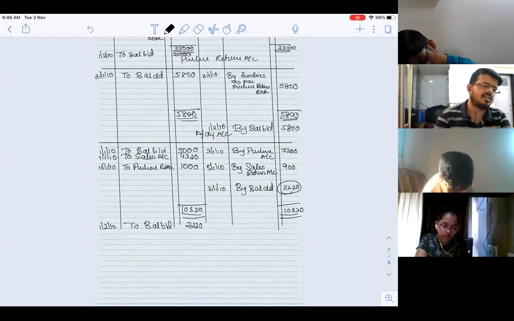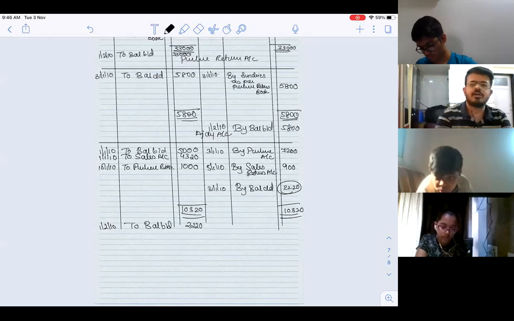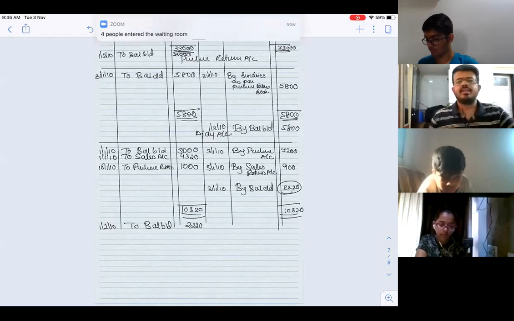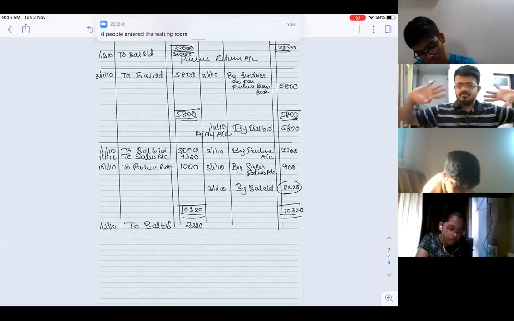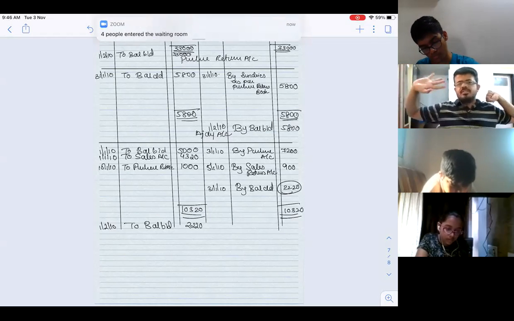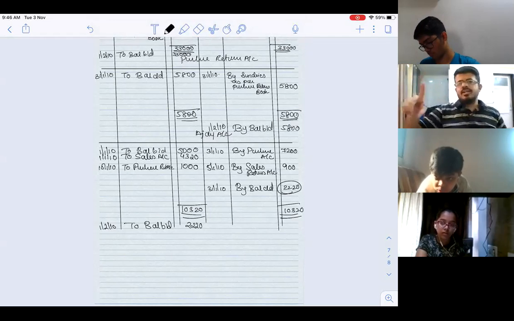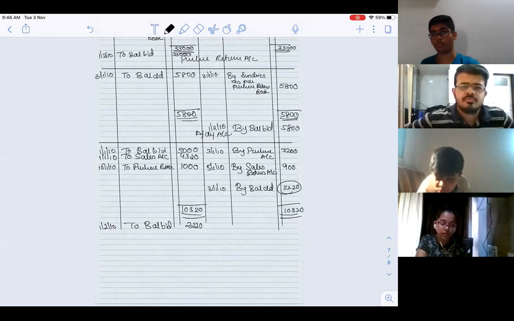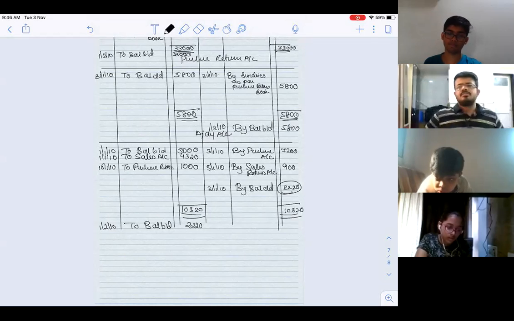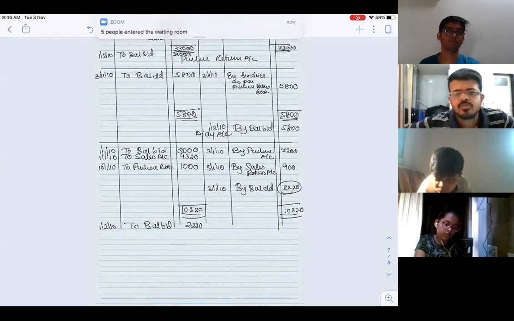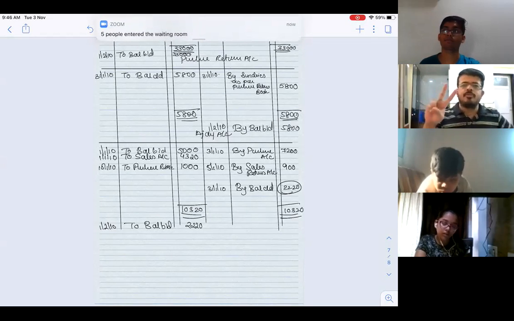For sums 13 and 18, only the ledger of those four accounts. And for the 8th and 9th sums, both subsidiary books plus ledger. So that's the homework: two full problems with ledger and two with only ledger, 13 and 18.